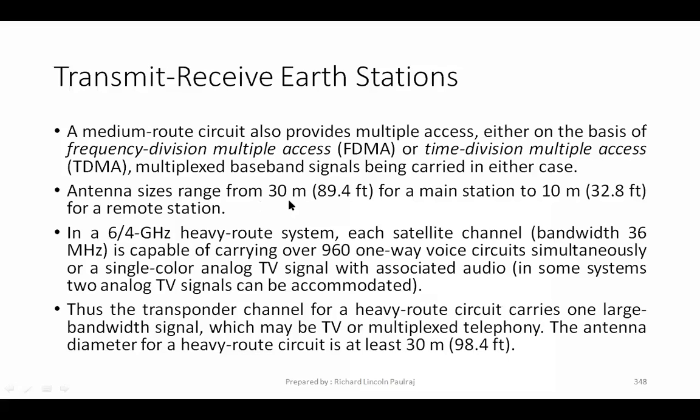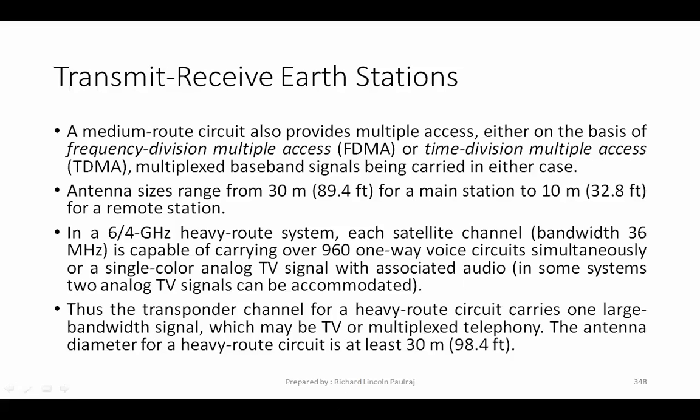Now, based on these ranges, your sizes of antenna also differ. As I told you, it can actually range from 30 meters to about 10 meters, or sometimes even 3 meters. Then in a 6 by 4 gigahertz heavy route system, each satellite channel having a bandwidth of 36 megahertz is capable of carrying over 960 one-way voice circuits.